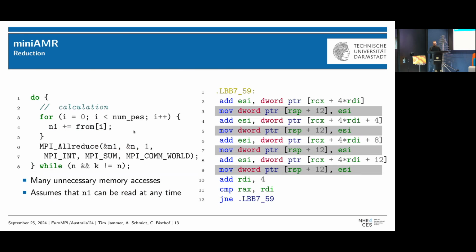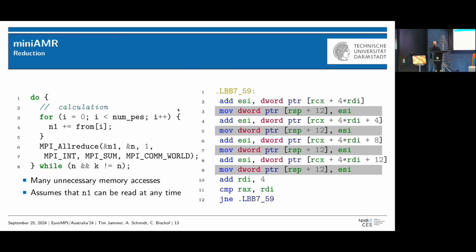Some other examples where we can reduce the number of unnecessary memory accesses: for example, with an all reduce operation, we see that first the variable is reduced locally and then it is reduced globally over all processes. What the compiler then generates is, okay, we unroll the loop here, nice, and then we perform the addition, and then we need to store the value to N1 again, and we perform the next addition, store the value again, perform the next addition, store the value again.